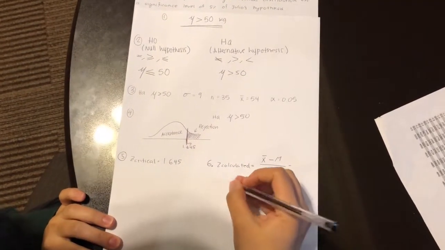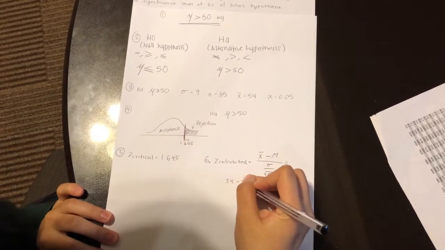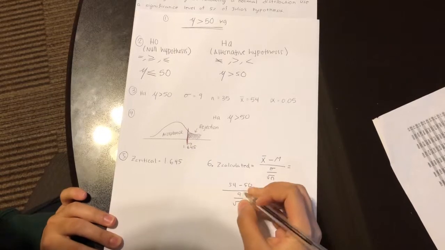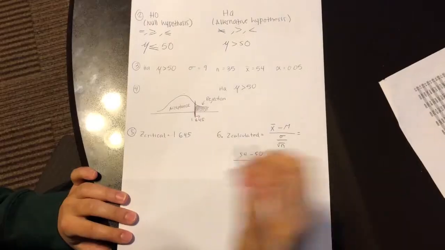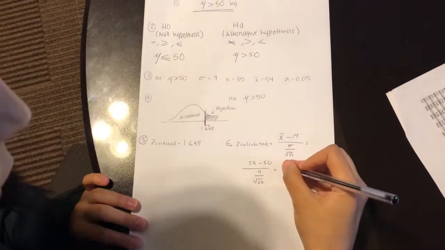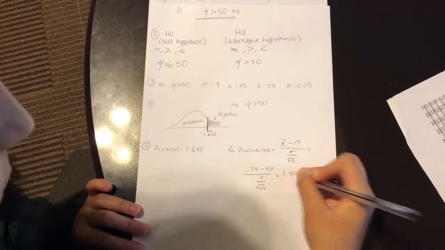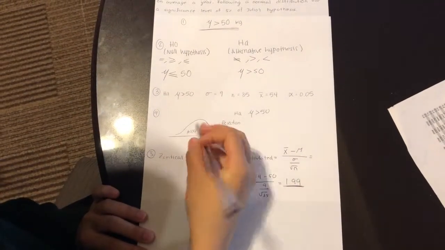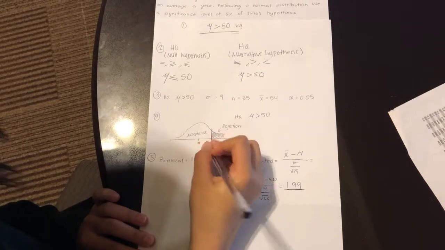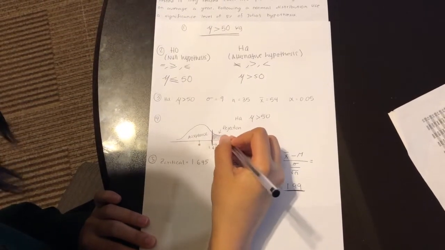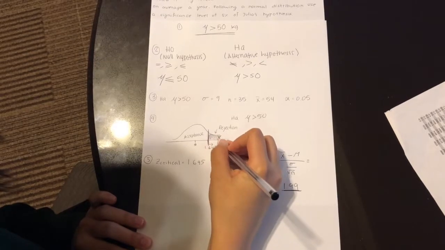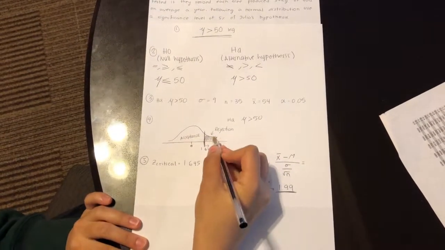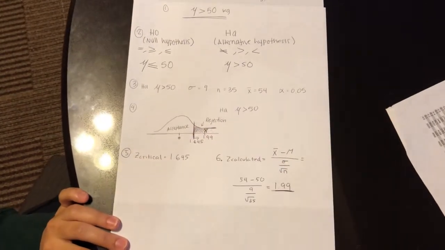So we have 54 minus 50 divided by 9 over the square root of 35, which gives us a Z calculated of 1.99. This number in the chart, these positive numbers, lies right here, 1.99. So it's in the rejection area of our graph.